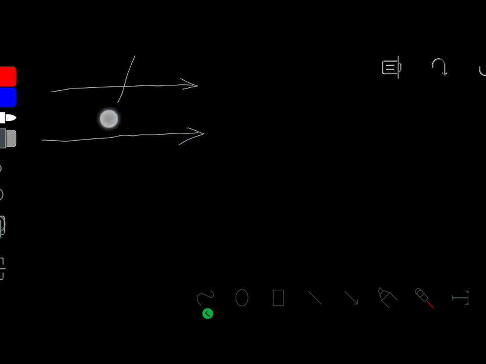Then one intersection here. Let's say this place is B. This place is C. This place is A. This place is 70.